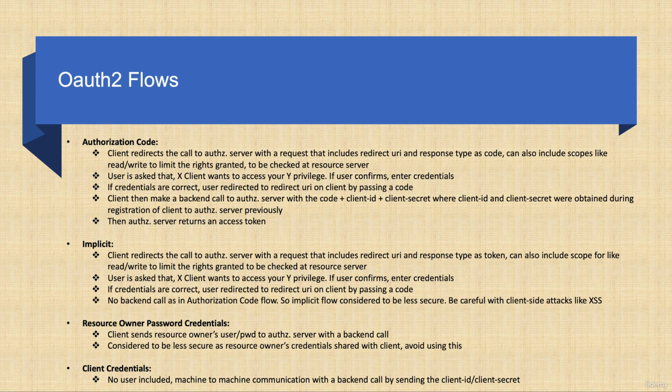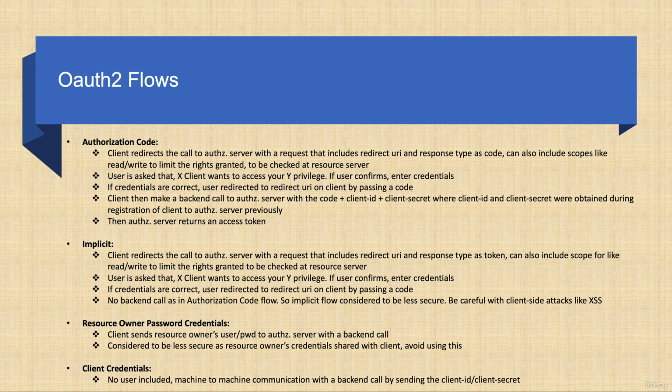If credentials are correct, user redirected to redirect URI on client by passing a code. Client then make a backend call to authorization server with the code plus client ID plus client secret, where client ID and secret were obtained during registration of the client to authorization server previously. And finally, authorization server returns an access token.